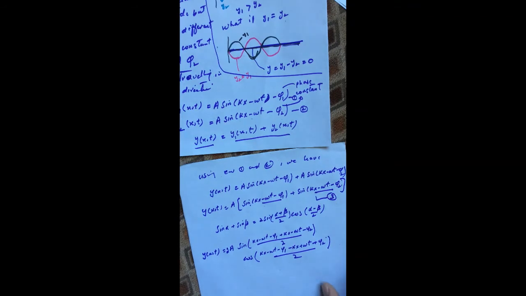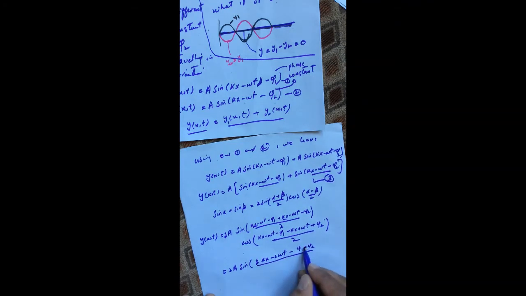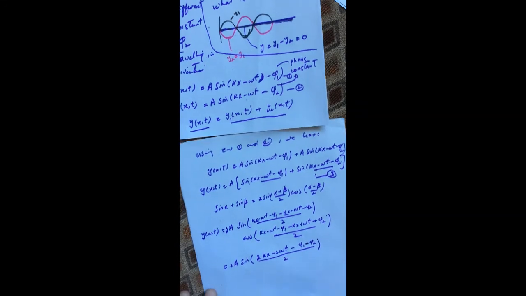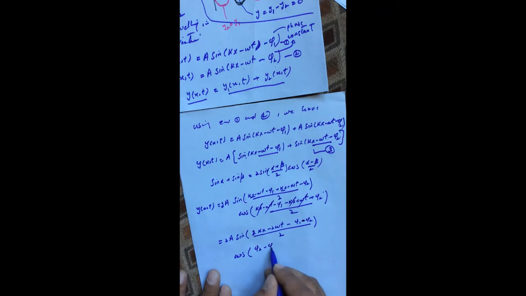If I simplify it, we get 2a sine of 2kx minus 2 omega t minus phi1 minus phi2, divided by 2, and then cos. The plus kx cancels with minus kx, and minus omega t cancels with plus omega t, so we have cos of phi2 minus phi1 over 2.